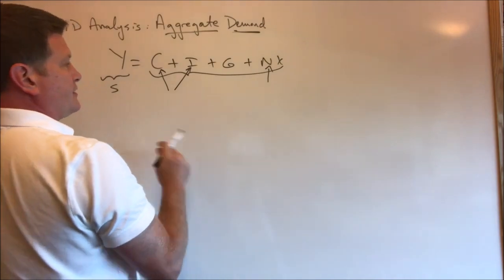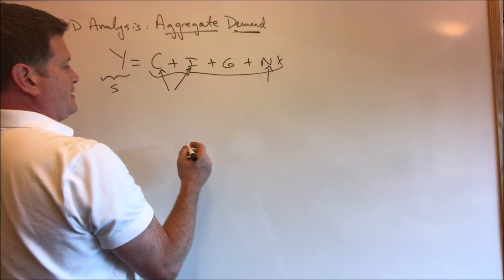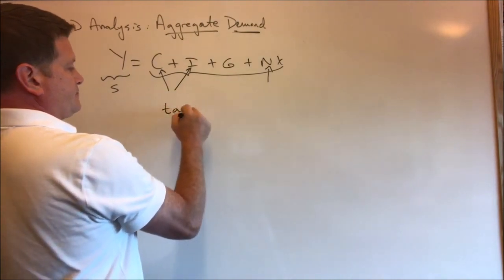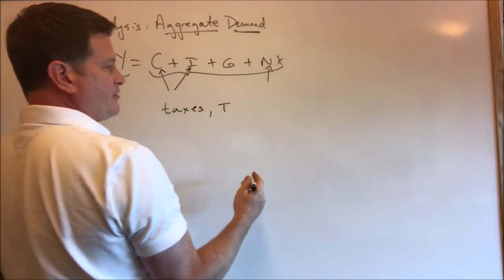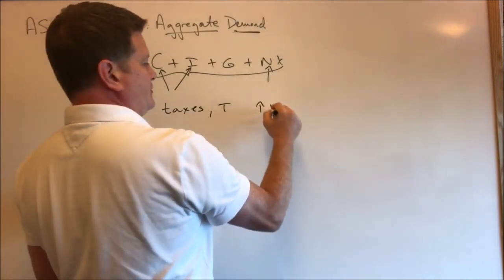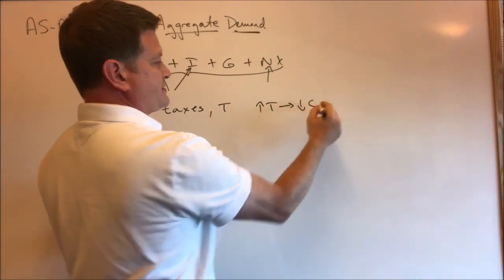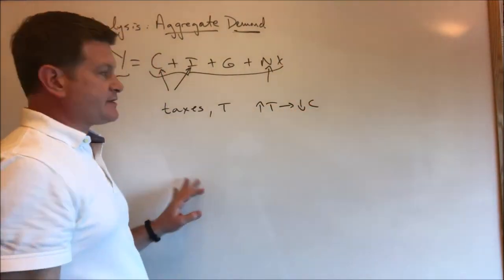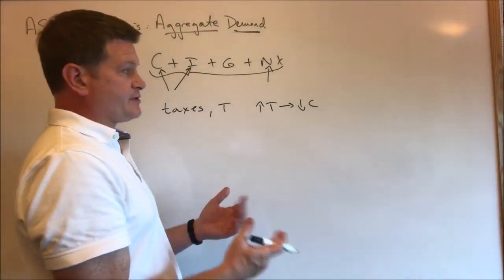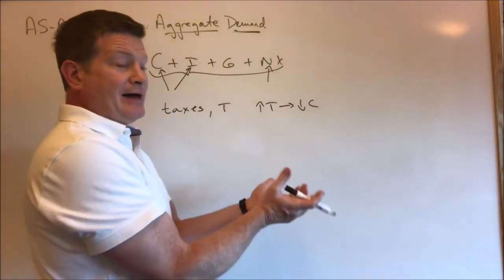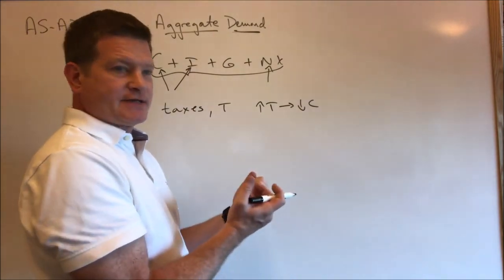These are the three that are really affected by other variables in the economy. In particular, the other things moving aggregate demand are going to be taxes, which we'll call T. If you think about it, an increase in taxes is going to cause a decrease in consumption because you have more taxes that you pay, you have less money to use for consumption, or if the tax is on the good you're consuming, like a gasoline tax, you might consume less gasoline.